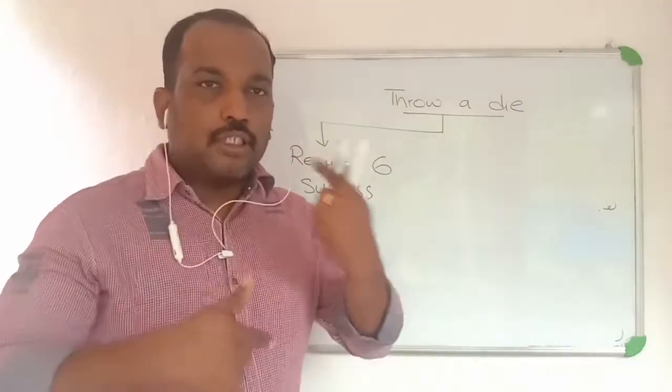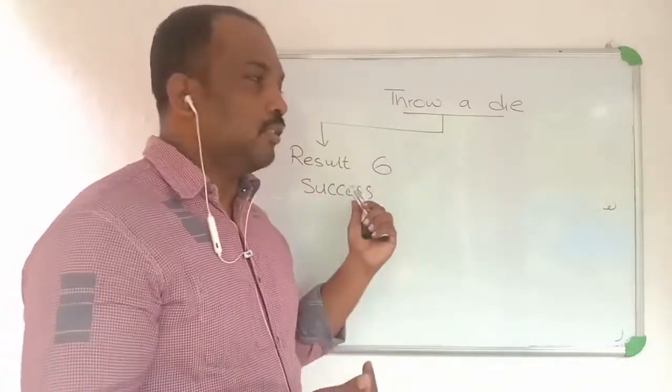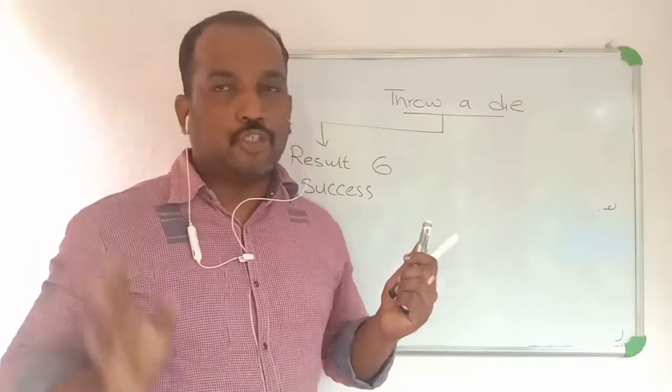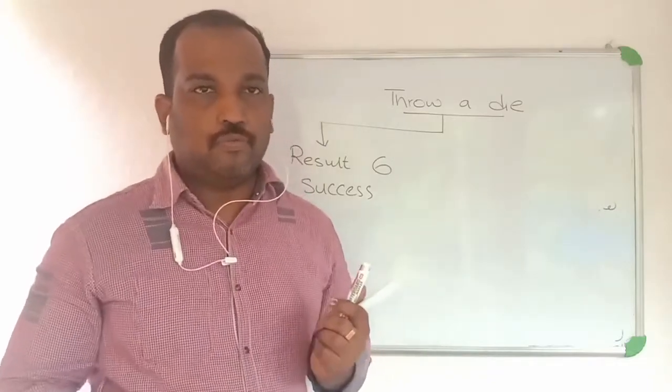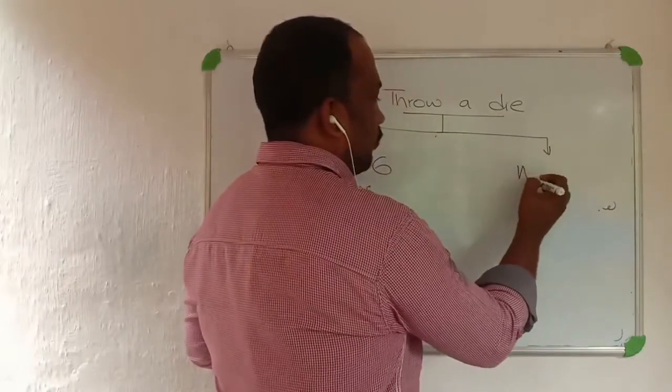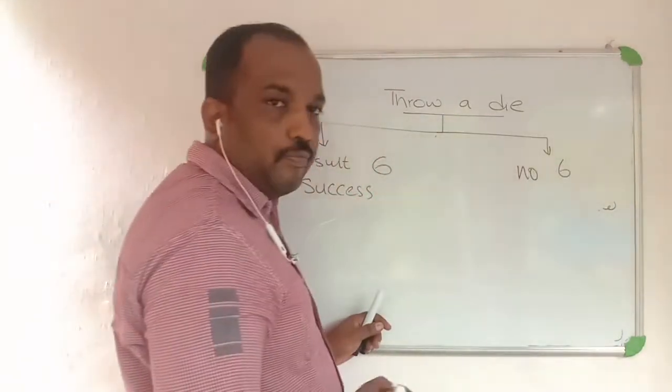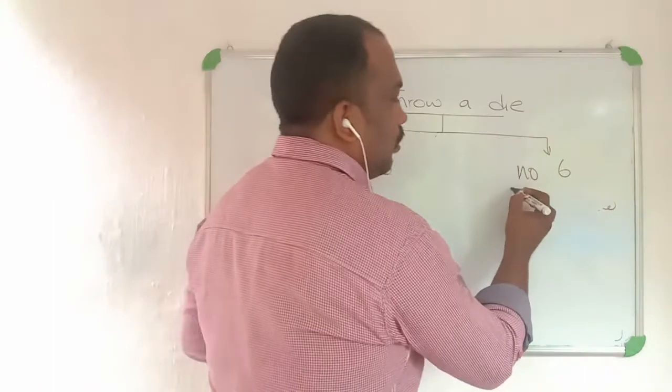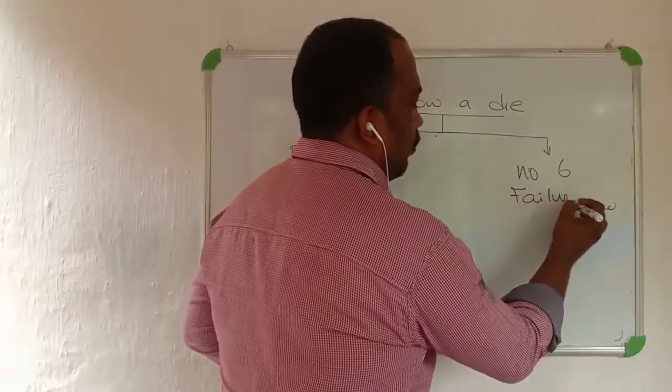If all the throws' results are 6, you are successful and your die is biased. Your claim is true. Else, by chance, if you do not get 6, there you failed.